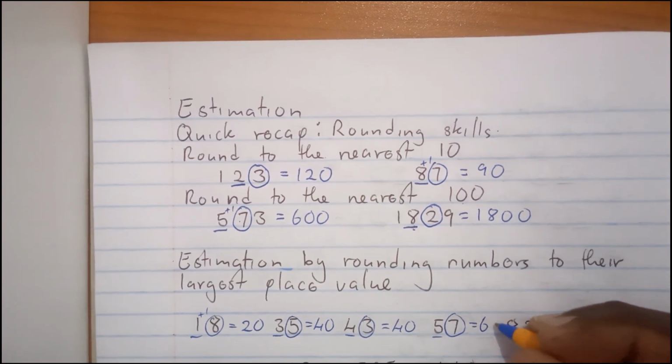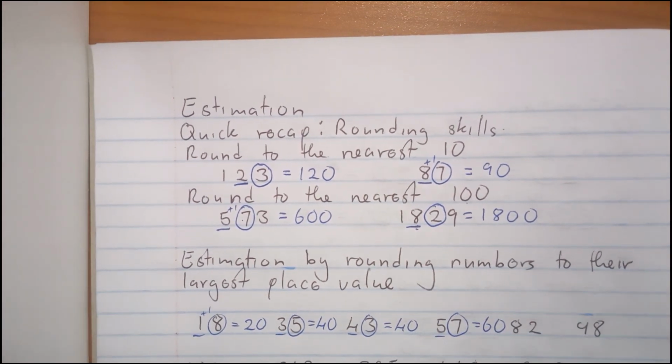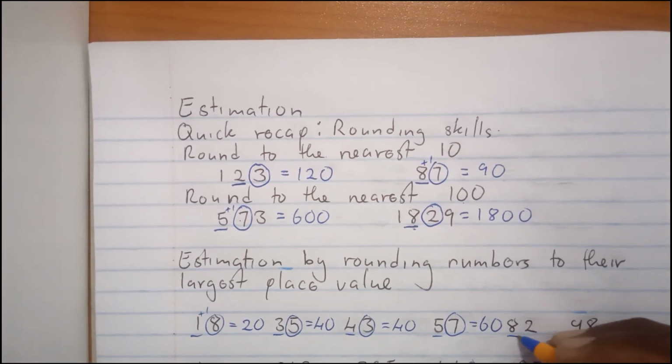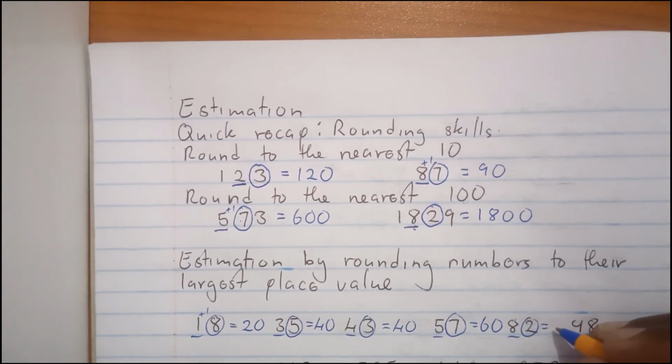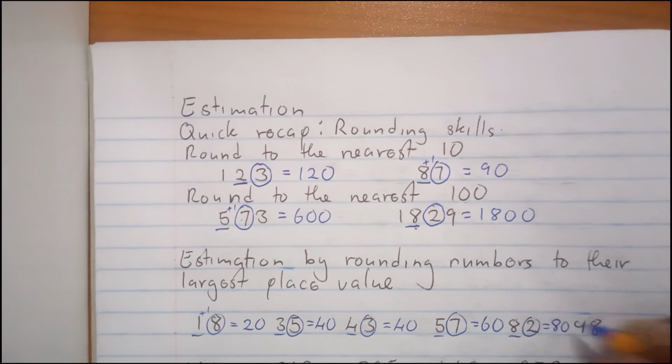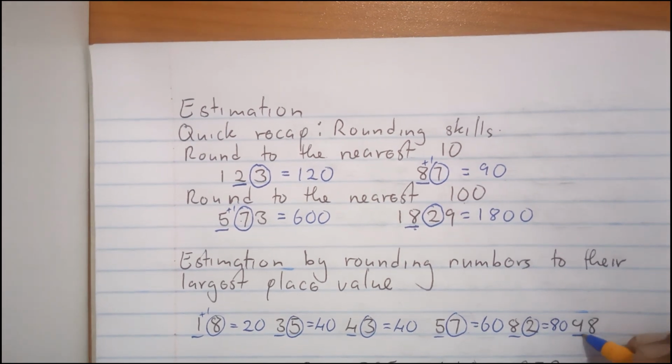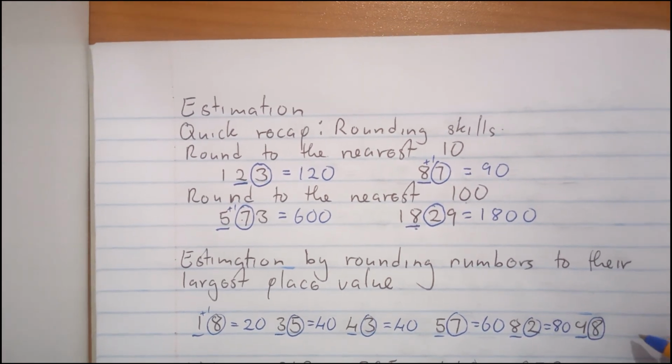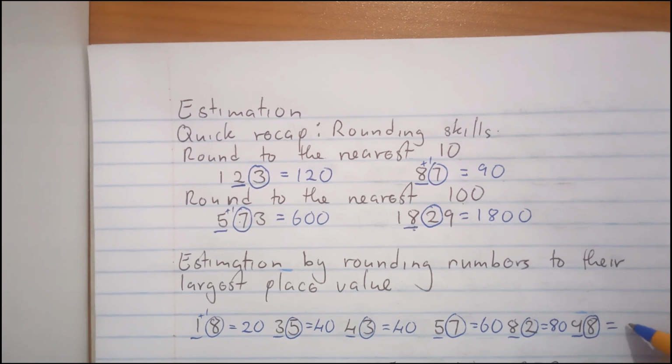That becomes 60. Here again, underline number, determinant, that remains 80. And this one, underline number, circle determinant, and that becomes 100. So these are the best values to estimate to, if you're told to estimate.